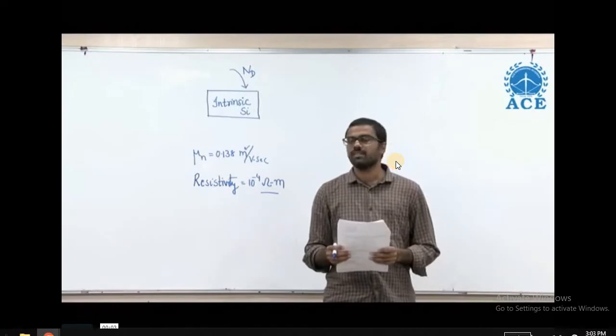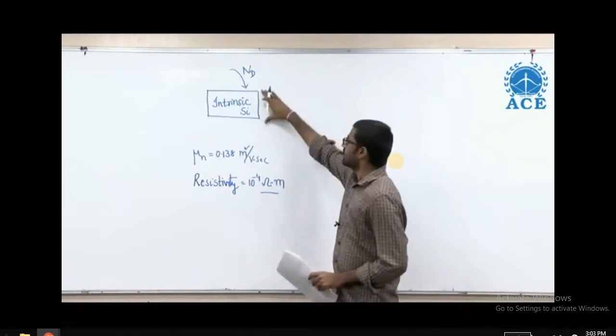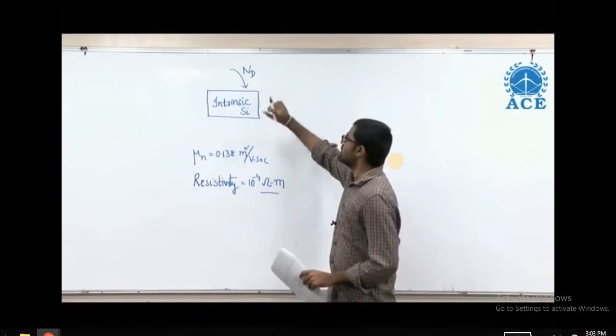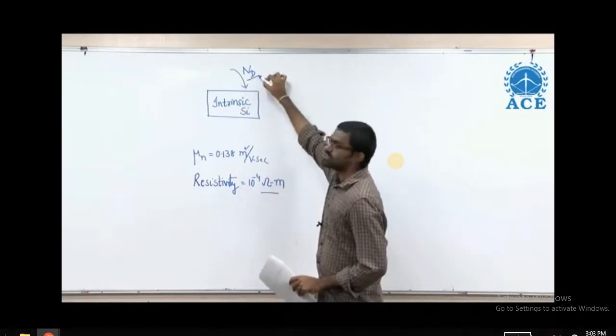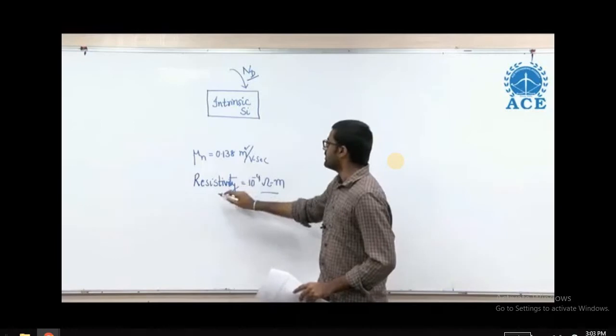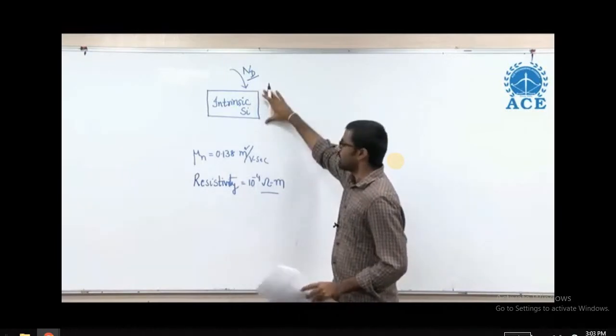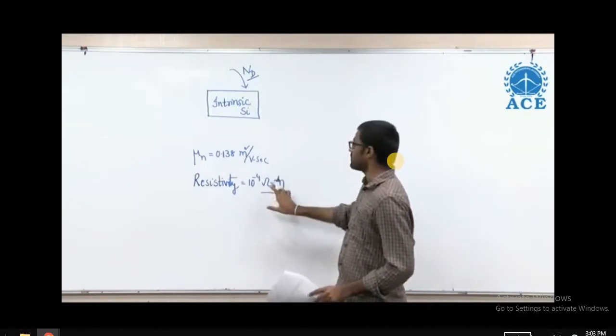In this question, they have provided us an intrinsic silicon crystal, and we have to find the amount of impurity atoms that we should add in order to create the complete crystal to have a resistivity of 10 power minus 4 ohm meter.